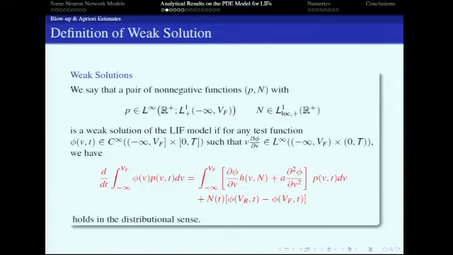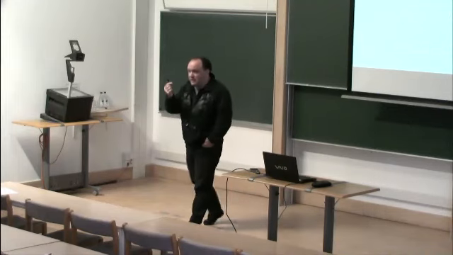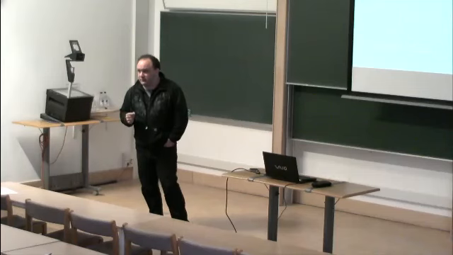So when you integrate by parts, this term disappears and this term appears. That's why you have this n of t phi of the threshold voltage. This part, phi of V_R, comes from the delta: the reappearance of the neurons at the rest value.